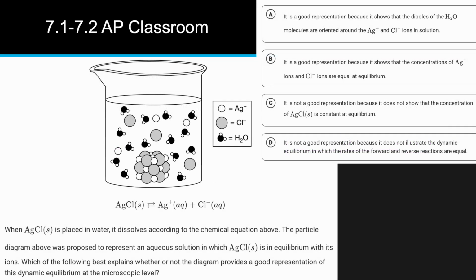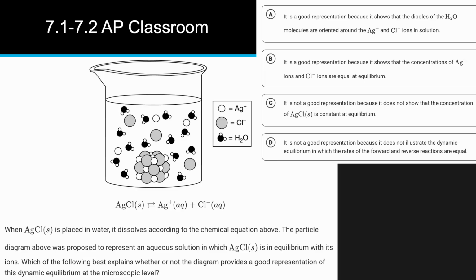All right, so the next thing I want to do is go over the 3 most missed questions on our 2 AP classroom assignments that we had so far in Unit 7. So our first assignment was 7.1 to 7.2. The first question that I wanted to go over said that when AgCl is placed in water, it dissolves according to the chemical equation above.